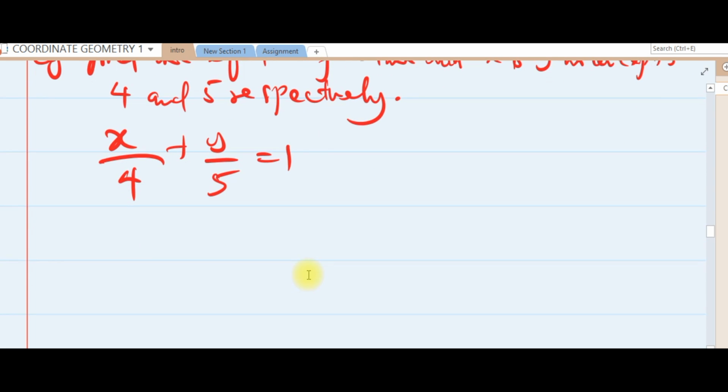Though you can still reduce further, by removing the denominators, multiplying by their LCM. The LCM of 4 and 5 is 20, so 20 times that is 5x plus 4y equals 20. So you may leave it this way or reduce it, depending on the option.